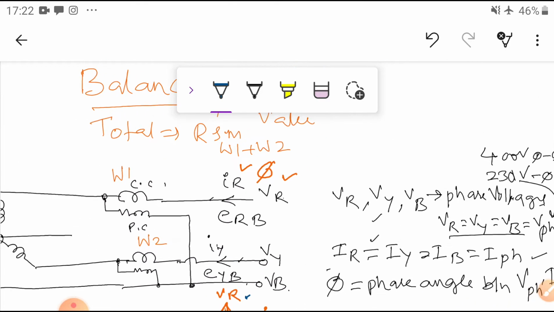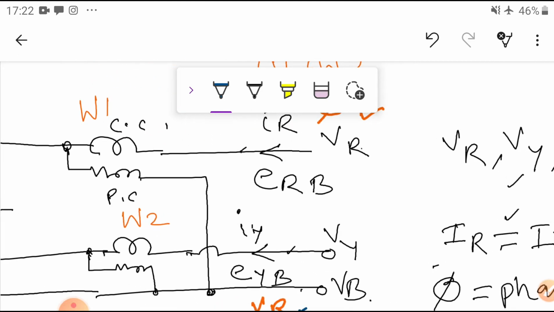What is this wattmeter current? You can see here, it is IR. What is the voltage here? VRB. So IR and VRB, I am going to write it. What is the phase angle between the line voltage and the line current?